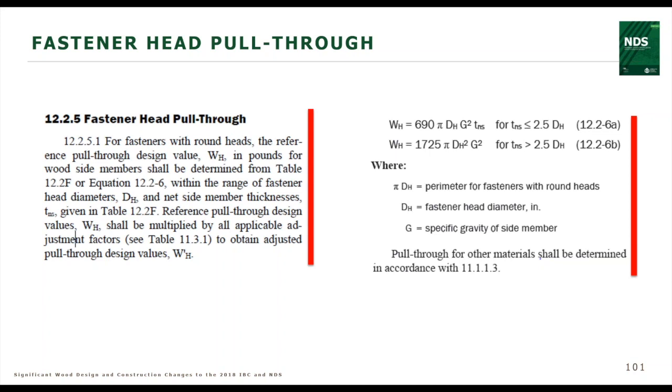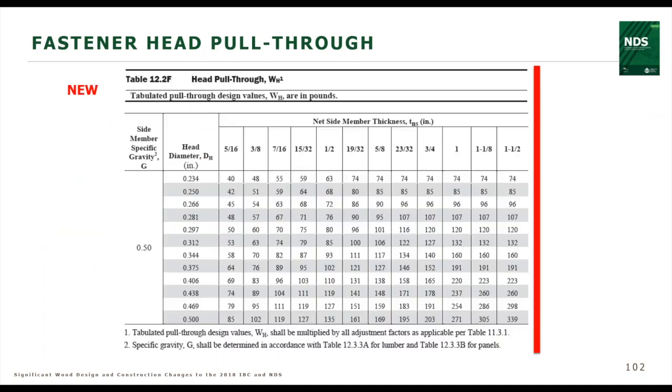So that's all we mean by that T sub NS. If you've got a difference in your side member thickness, that would be picked up by that. But again, the head diameter of the fastener, specific gravity of the member, and then the net side member thickness are the three important variables in head pull-through.